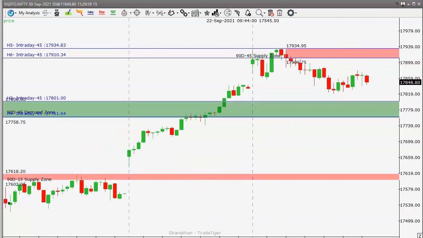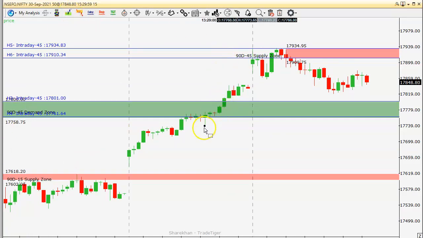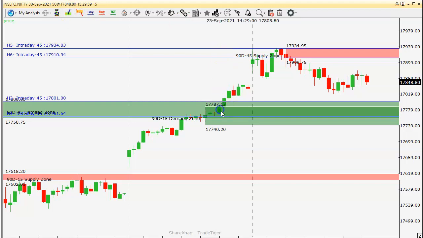Now we just change the time frame to 15 minutes and again we plot the good areas to enter. This is the best area to enter for a long trade. If the price opens in between 17,900 and 17,787, let the price come down to this area, 17,780 kind of levels, and we will go for a long entry, keeping a stop loss below 17,740.